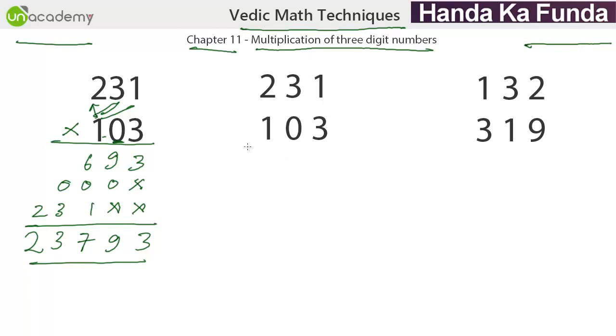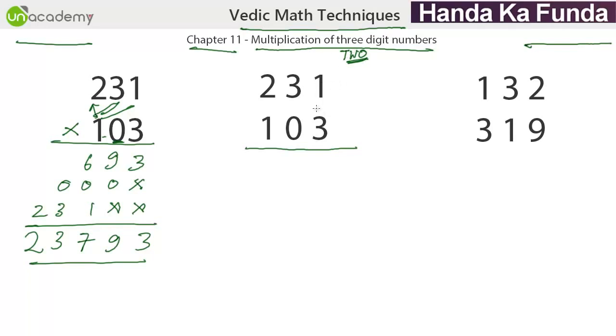One more recommendation: in an earlier video, probably chapter 10 or maybe even before that, somewhere around chapter 6 or 7, I had a video on multiplication of 2-digit numbers. Please watch that video before watching this one, because that has some of the tricks which I use here.